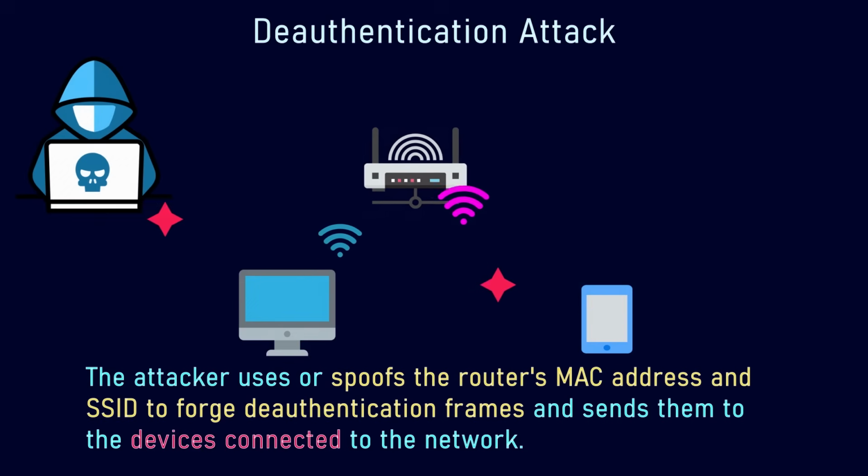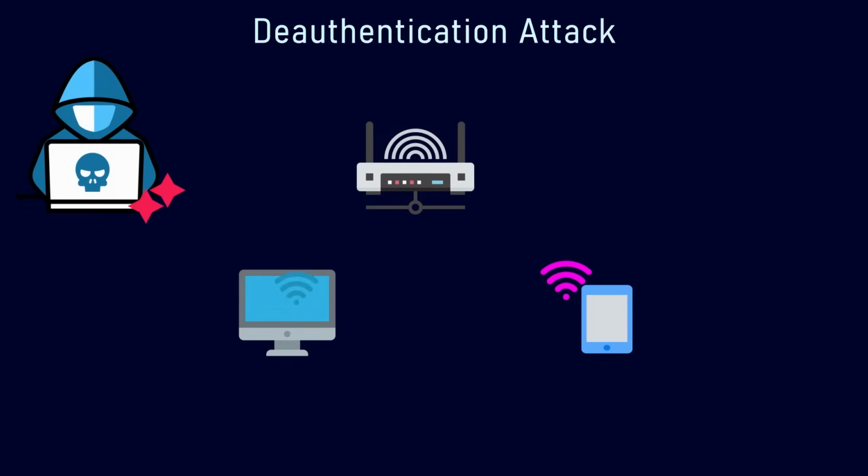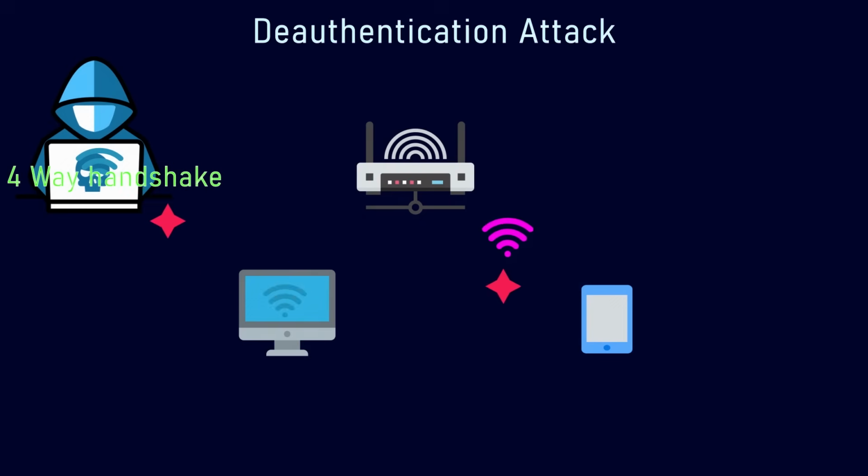When client devices receive de-authentication frames, they assume the frames are sent by the router or network. They immediately disconnect as soon as they receive the de-authentication frames. And when the user or client device reconnects, the four-way handshake gets captured.